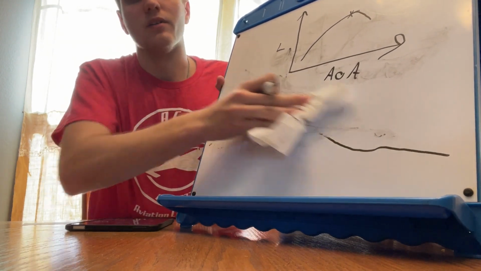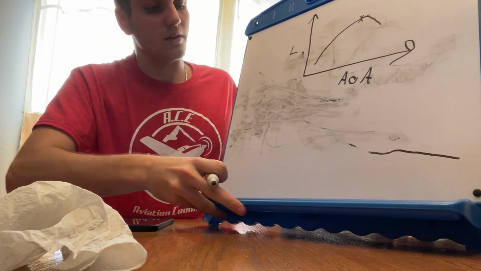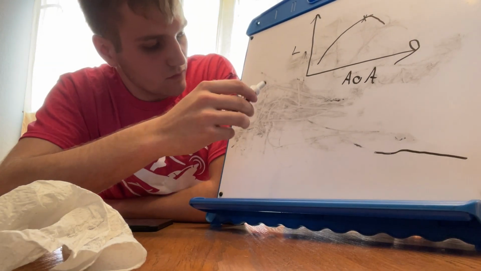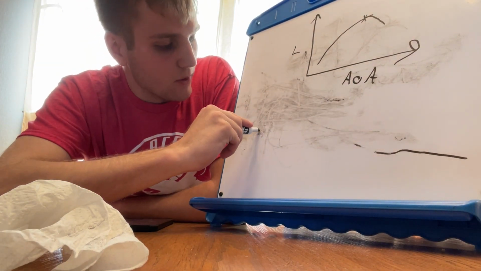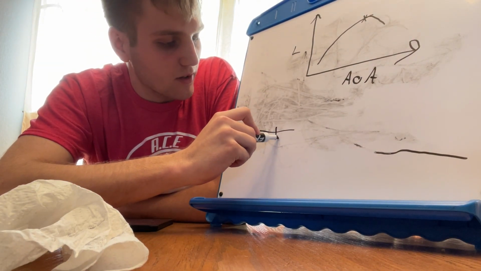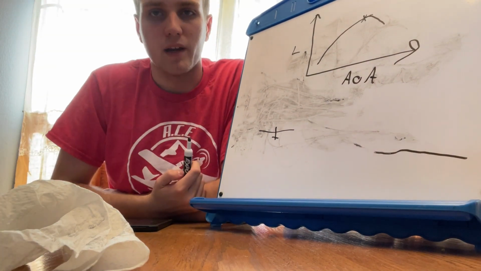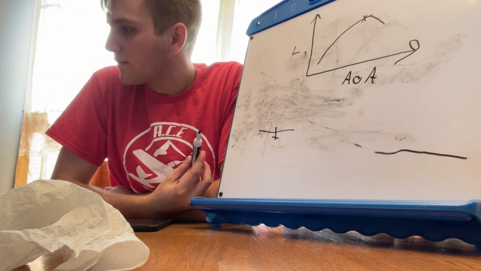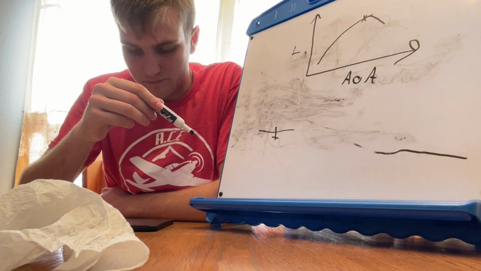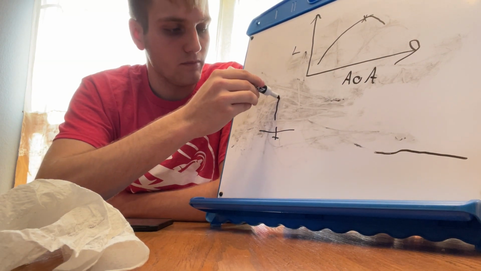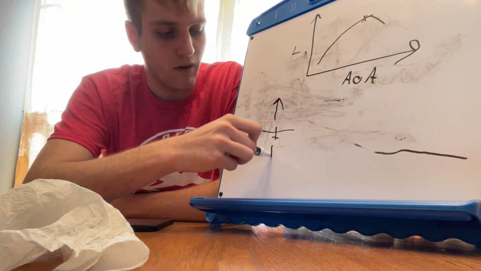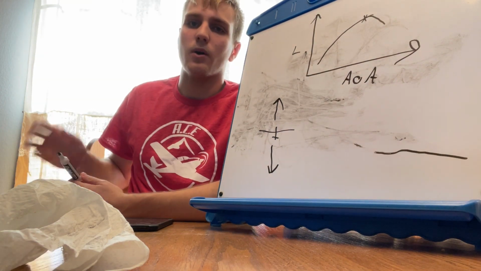Bear with me here while I make some space. Let's say we have this airplane. We're looking at it from the back. We have this lift going up. That's our lift. We have gravity pulling us down. Okay?